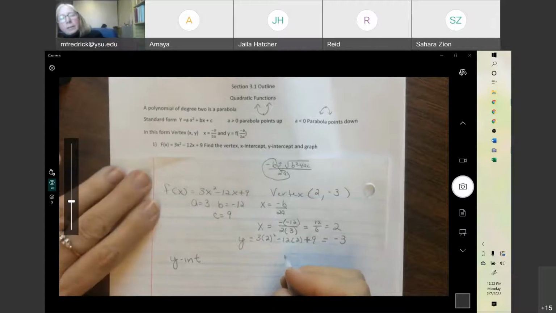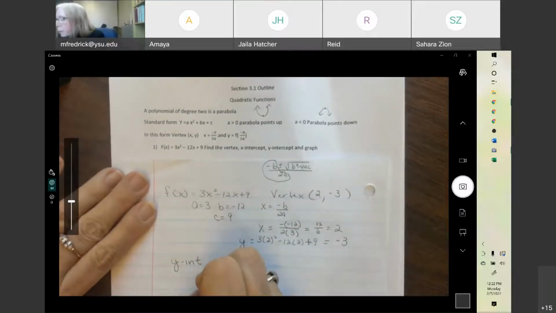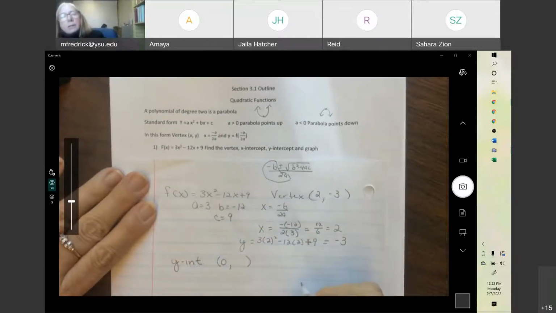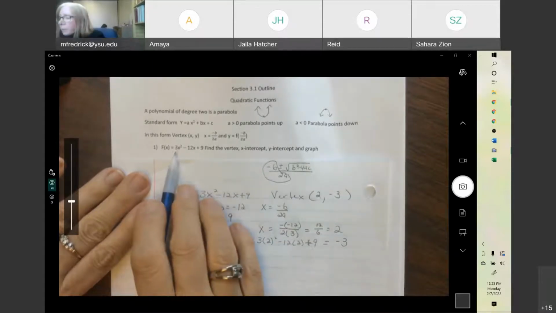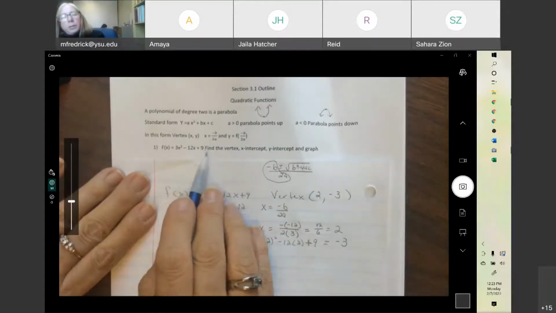For the y-intercept, you're just plugging 0 in for x. We plugged in 0, this drops out, this drops out. It's your constant.